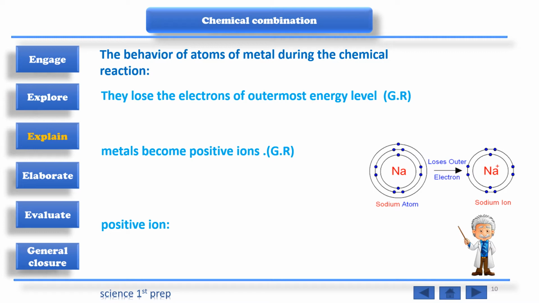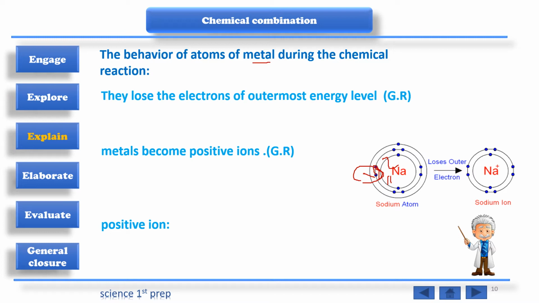As we said, metals contain 1, 2, or 3 electrons in the outermost energy level. Here in sodium atom, 11, the configuration is 2, 8, 1. So the outermost energy level has 1 electron, so this is a metal.